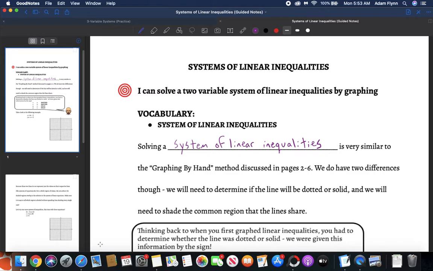We do have a couple differences though. We will need to determine if the line will be dotted or solid, and we will need to shade the common region that the lines share.